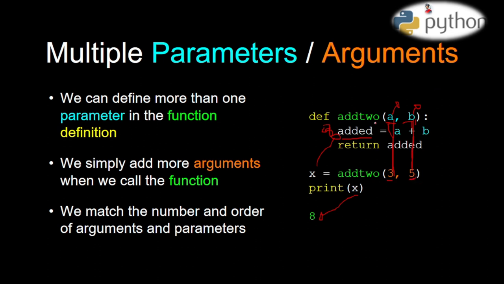For example, if we define 3 parameters and pass 2 arguments, it is incomplete and returns an error, because the number of parameters in the function definition and the number of arguments in the function call is not equal. So you should be careful about the number of parameters and arguments during function definition and function calling.